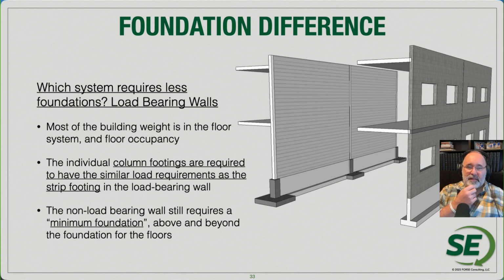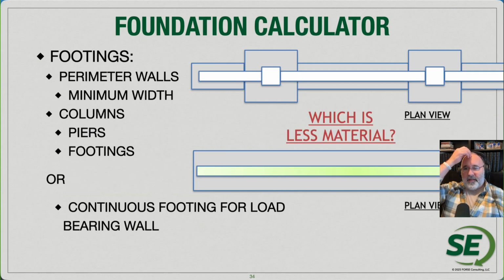So when I look at this, I created a foundation calculator to show that the load-bearing masonry design with a masonry foundation is actually going to be a lot less foundation material than the counterpart lightweight walls with columns and piers and footings, and you always have to have a minimum foundation even between those columns, piers, and footings. So columns and piers always have more material.